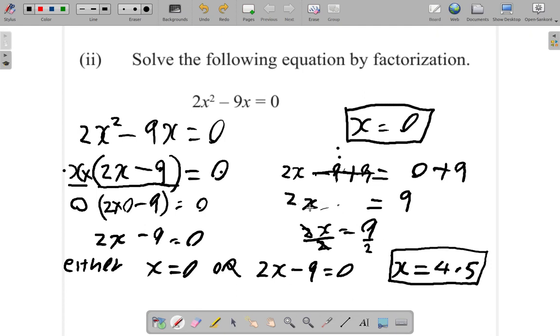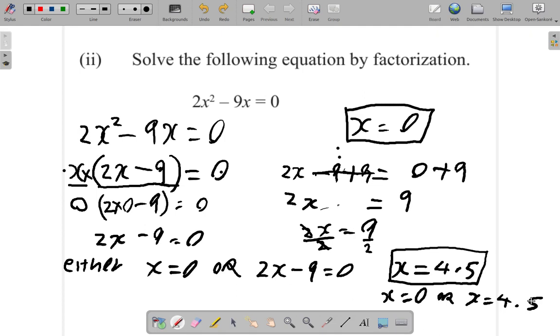You could have also got the 4.5 up here by saying 2 times what gives you 9. You know it's 2 times 4.5 gives you 9. So in any case, you have two answers: x equals 0 or x equals 4.5.